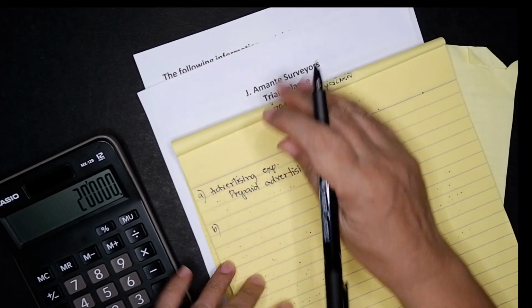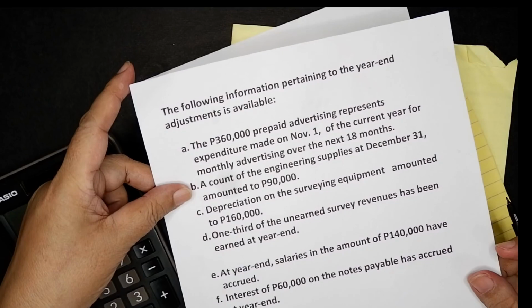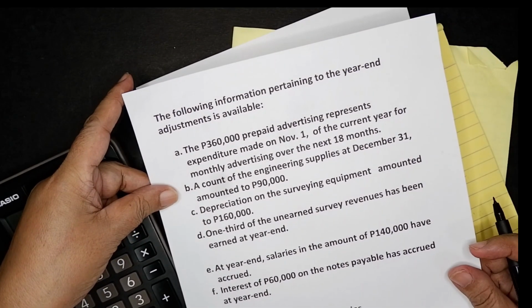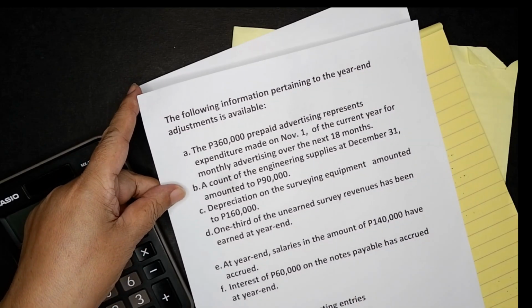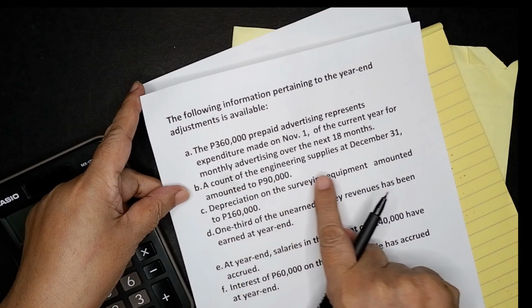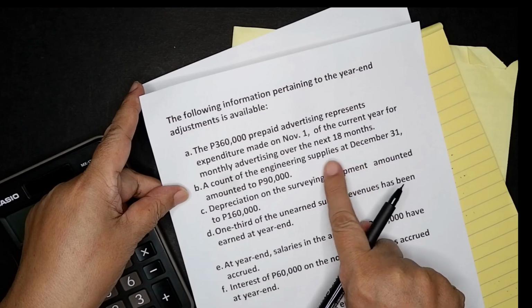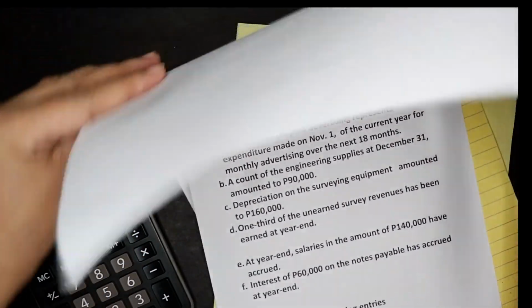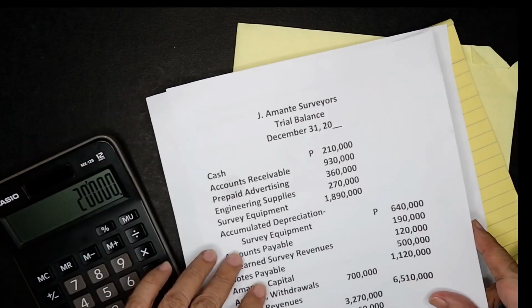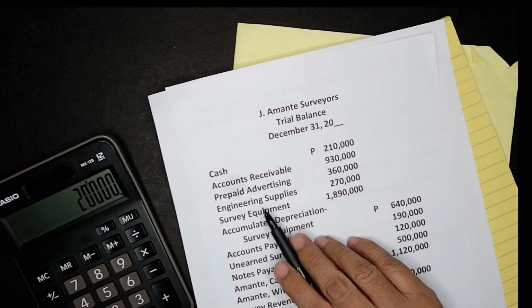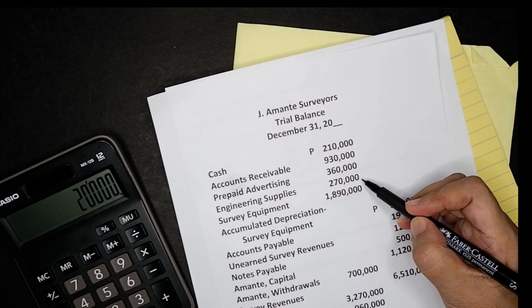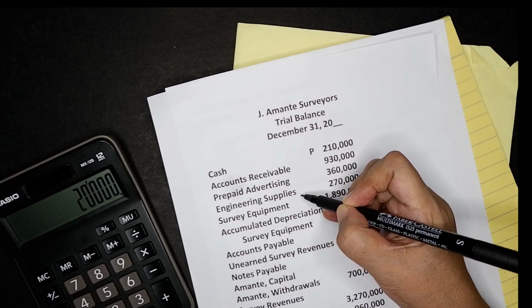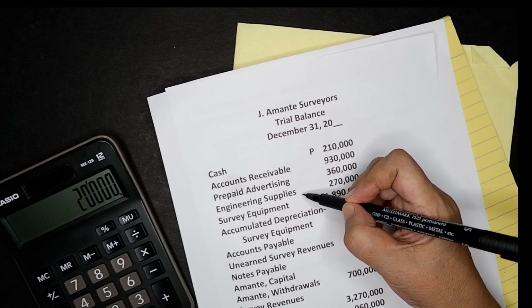Letter B. For letter B, account of engineering supplies at December 31 amounted to 90,000. In our trial balance, we have engineering supplies 270,000. Engineering supplies is an asset, which means the asset method was being used.